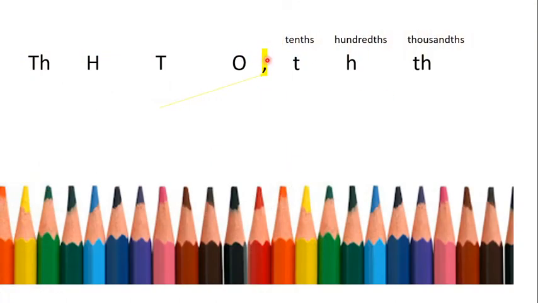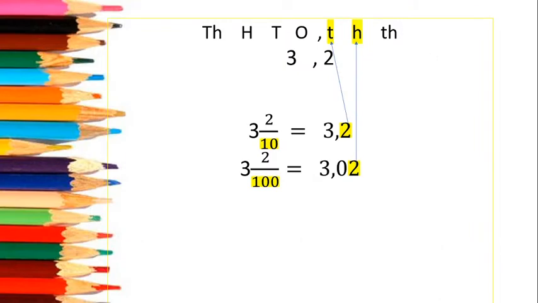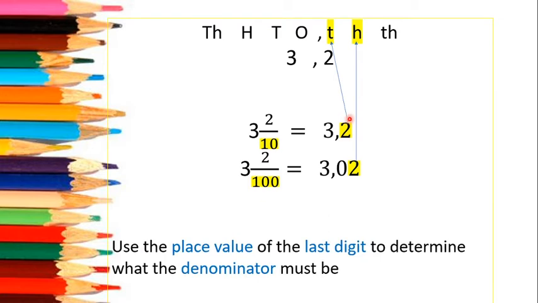We use a comma to separate the whole numbers from the decimals in a decimal number. Here is the whole number and here are the decimals. We use the place value of the last digit to determine what the denominator must be.